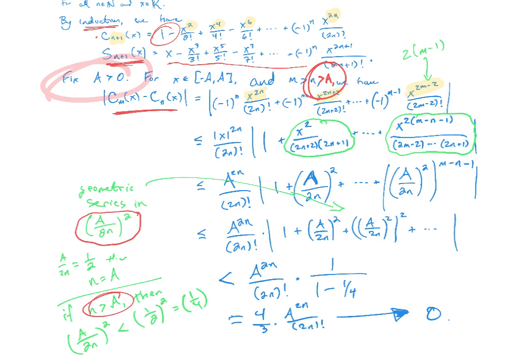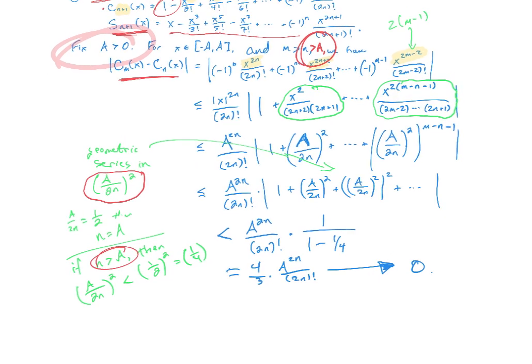This Cauchy condition on the tails gives us our uniform convergence. So just to clarify again, we've shown as long as we pick an n sufficiently larger than a, we can make the difference in the tails small enough for any x in that closed interval we're looking at.